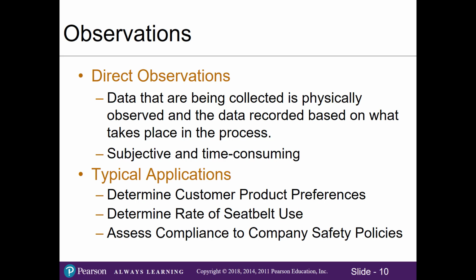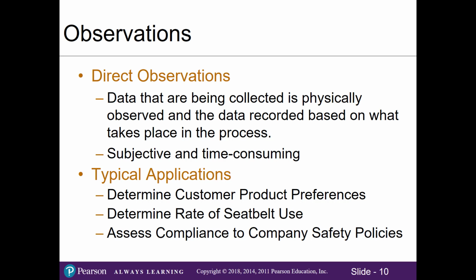Now, typical applications would be customer product preferences. So for instance, if you've ever shopped at a Zara, one thing that their employees do is they observe what customers pick up to look at and try on and put back. This allows them to then provide that data back to their headquarters in Spain so they know what to make more of and what to make less of.